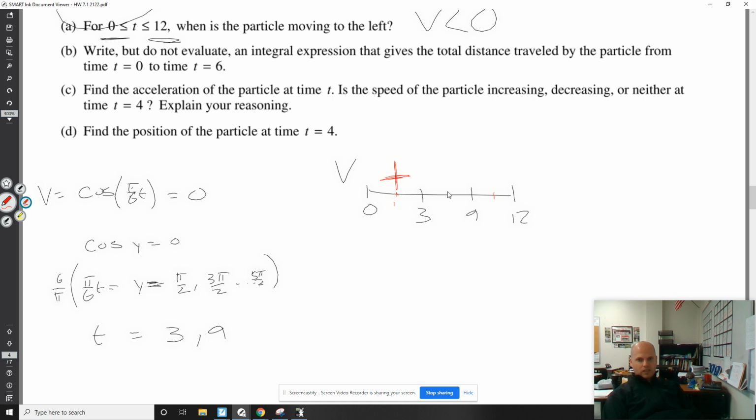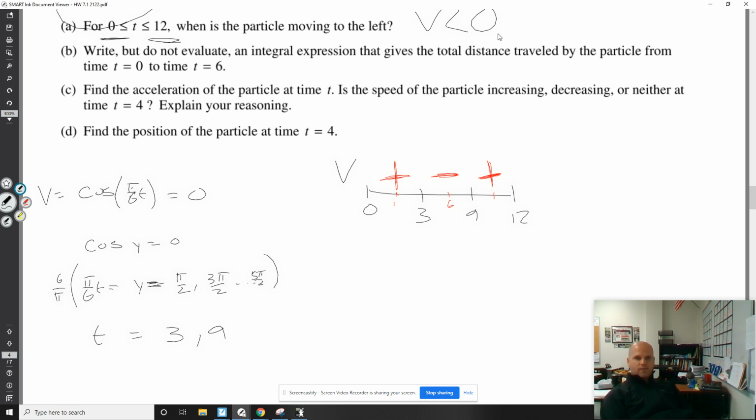If I plug in something like 6, that's a good one, the cosine of pi is negative. Then we plug in something like 10, 11, even 12, and we find that we're back in the fourth quadrant where cosine is positive. Okay, sign analysis in its entirety, in its beauty, using trig, great.